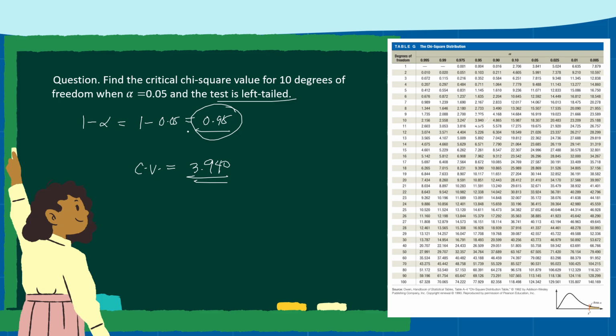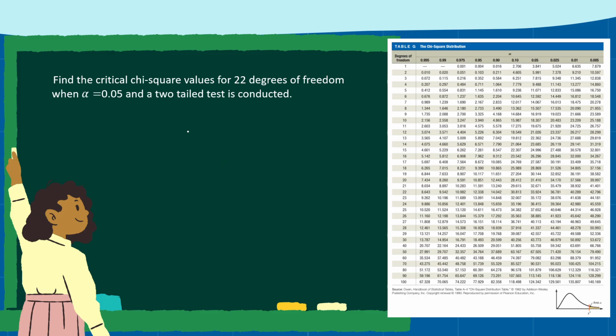Next, let's have this one. Find the critical chi-square values for 22 degrees of freedom when alpha is 0.05 and a two-tailed test is conducted.